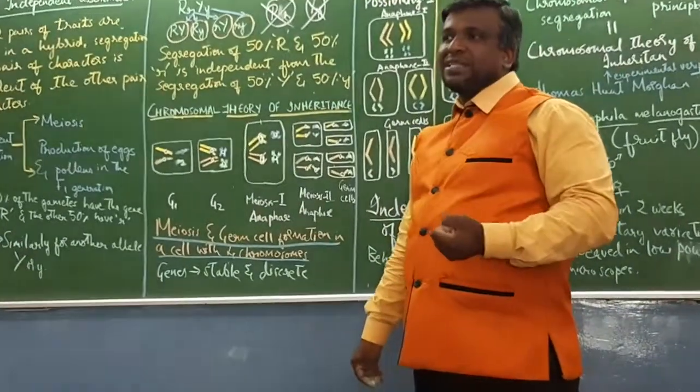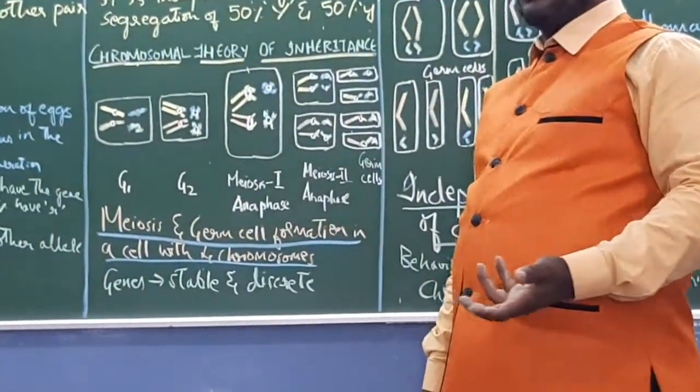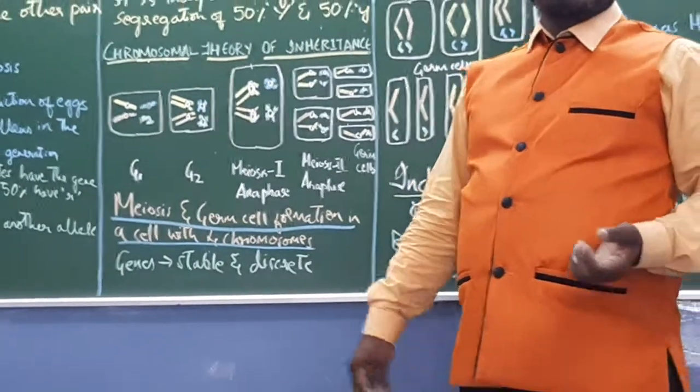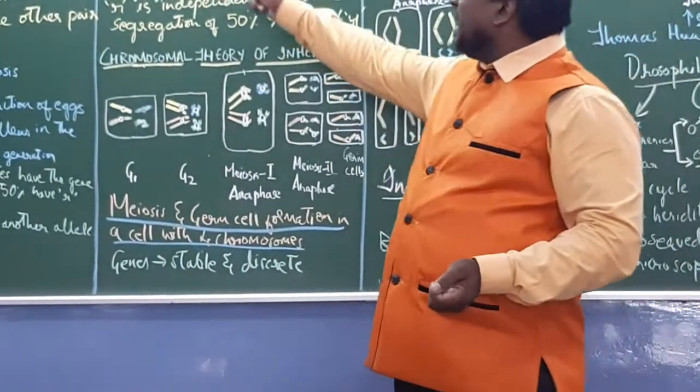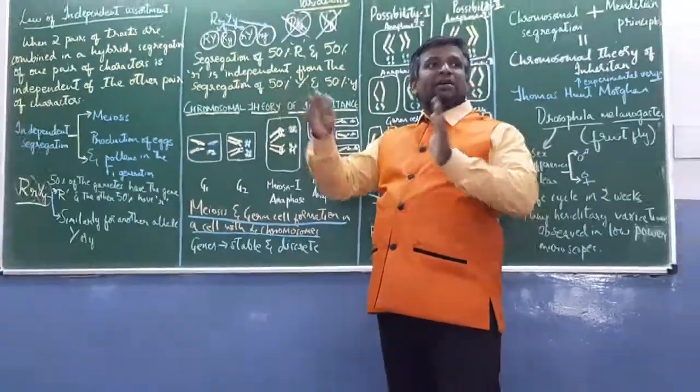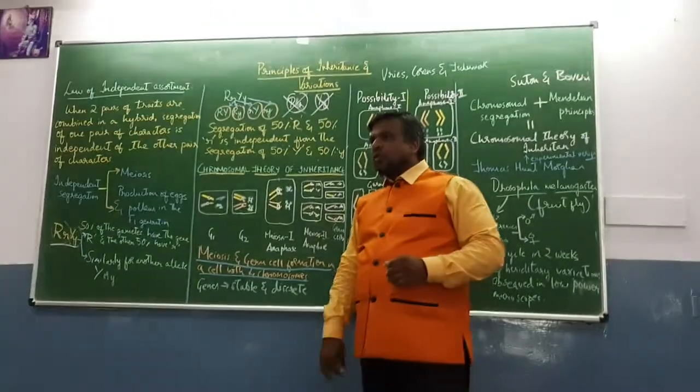What do we call it at present? Genes. Earlier it was called factors by Mendel. They were able to show that the behavior of these genes was parallel with the behavior of chromosomes.